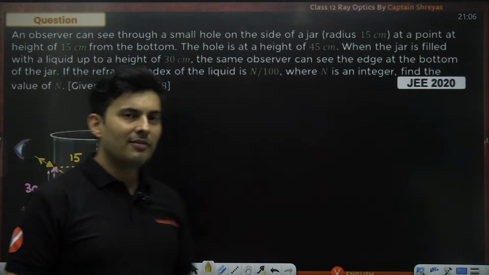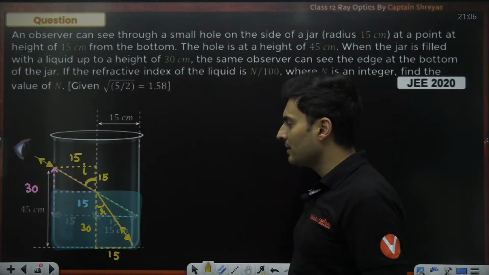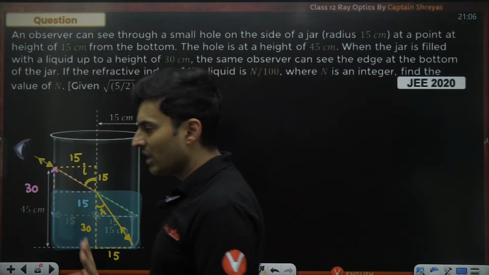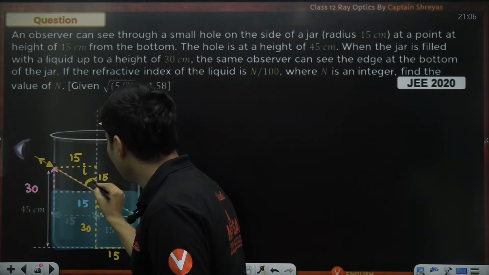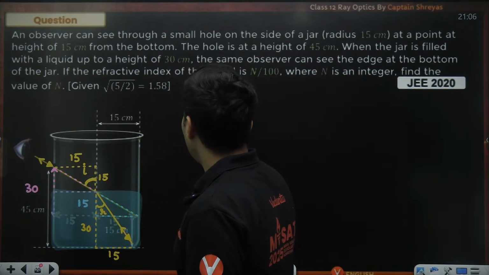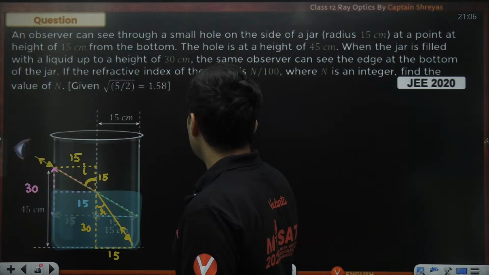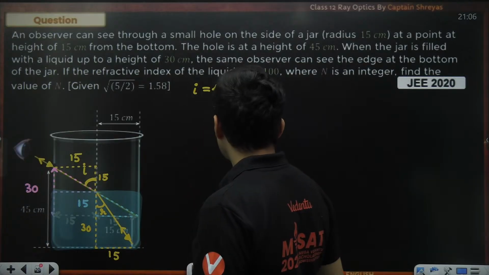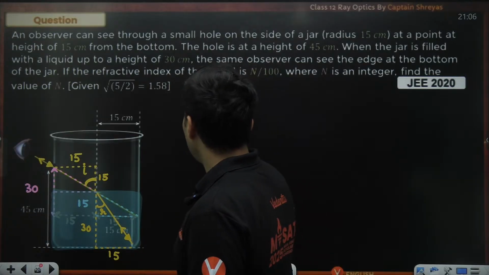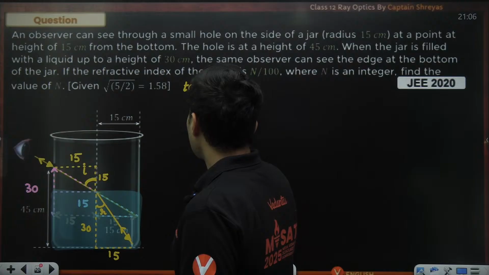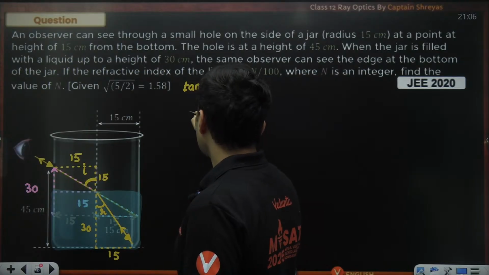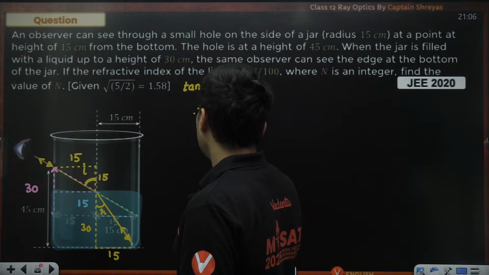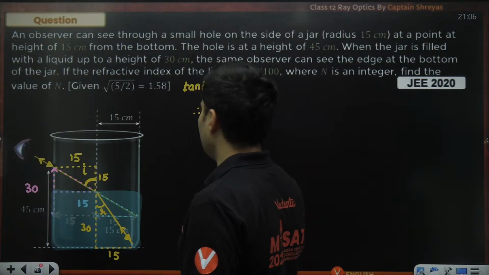So we can figure out what I and R are just from this. Because both are 15, it's very obvious that the incident angle will be 45 degrees. Or you can say that tan of I is opposite side by adjacent side, which is 1. Therefore, the incident angle is 45 degrees.